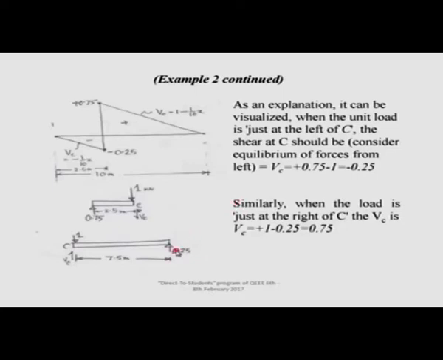I have shown it later. So, here you have a shear force upward 0.75, downward 1, so you have downward 0.25. According to your sign convention, when you look towards the left of the section, you have already agreed that it is positive.